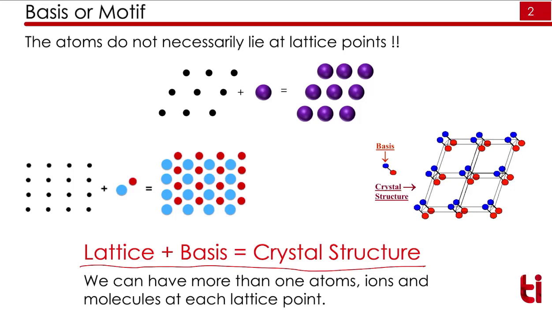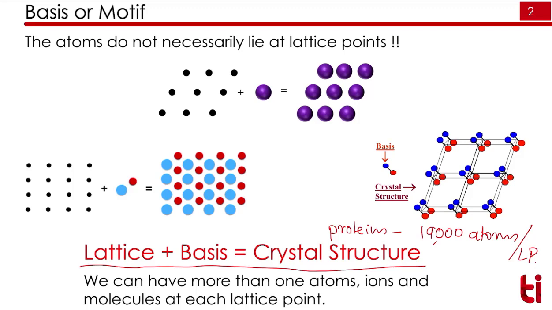It may be one atom, it may be two atoms, it may be 1000 atoms. For example, in biological samples, some proteins have around 19,000 atoms per lattice point. At each lattice point they have 19,000 atoms.